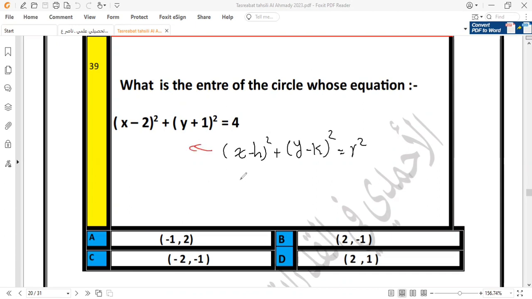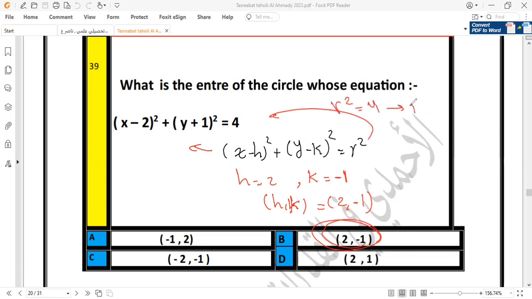Relate to this equation. So h equals 2 and k equals negative 1. So the center is h and k, so here it's going to be 2 and negative 1. To find the radius r, r squared equals 4. So r equals 2. Okay, radius equals 2.